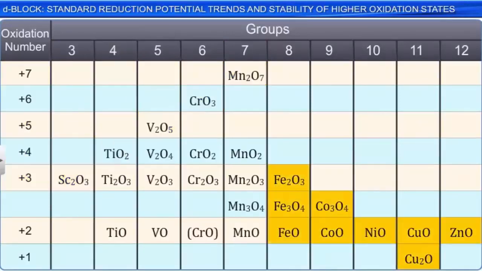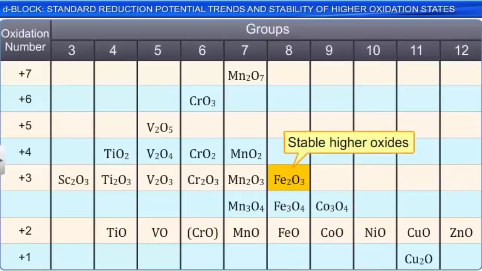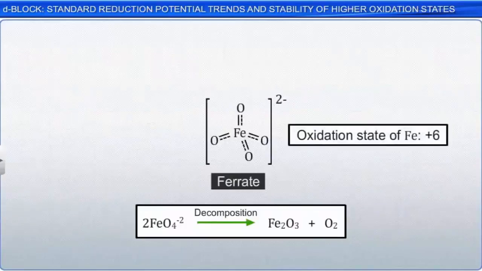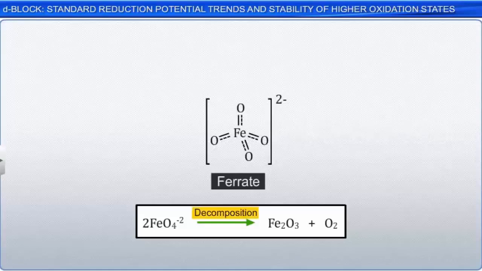No higher oxides are seen beyond manganese. For example, the only stable higher oxide formed by iron is iron(III) oxide. Although iron forms ferrates in alkali media, in which iron is in +6 oxidation state, it readily decomposes into iron(III) oxide and oxygen.